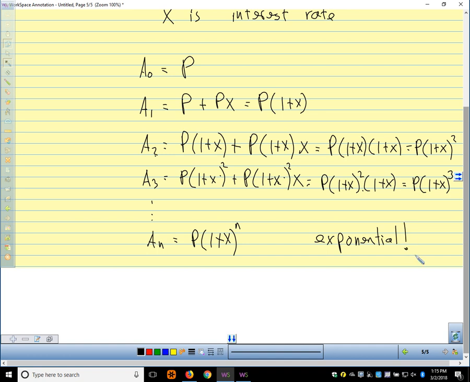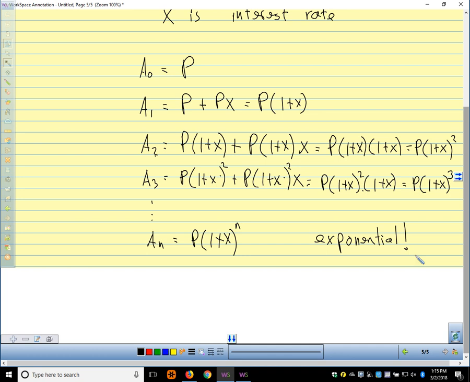The more pay periods we have, the pay period is our exponent. So our money grows exponentially relative to our pay periods. All right.